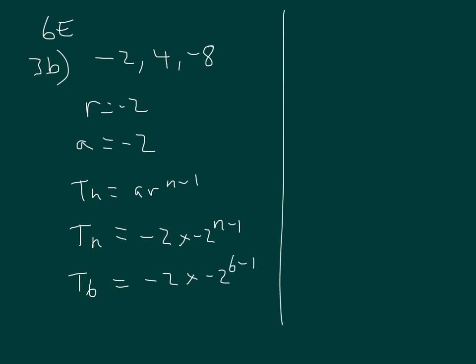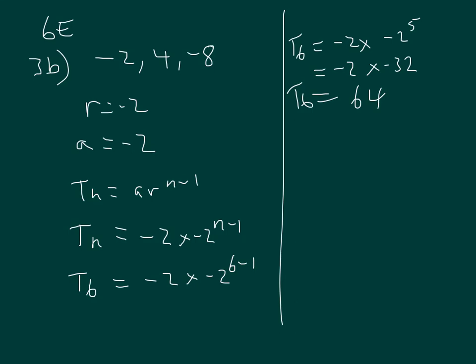So that means that we get T6 equals minus 2 times minus 2 to the power of 5. Now because it's an odd power, we get minus 2 times minus 32, which gives us 64. So the sixth term, T6, is 64.